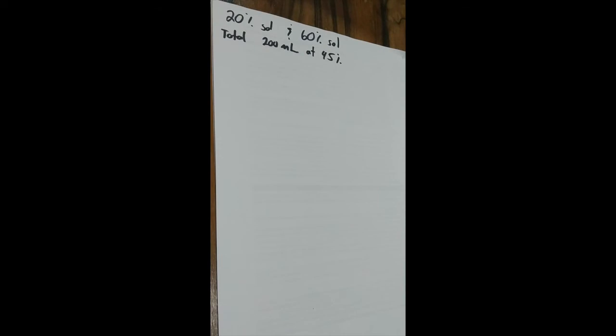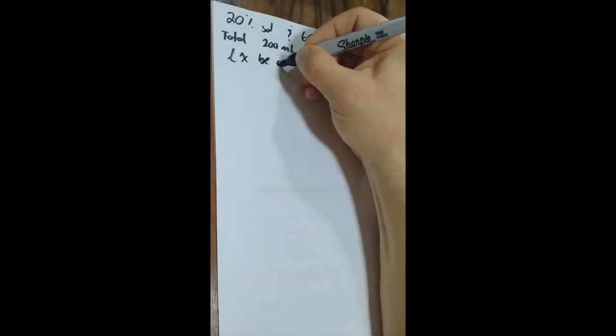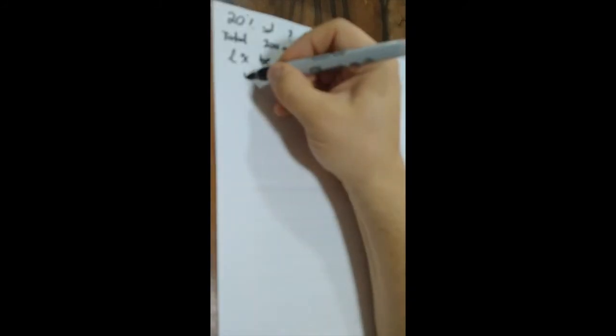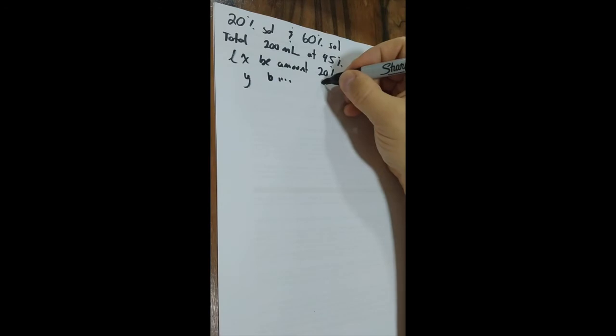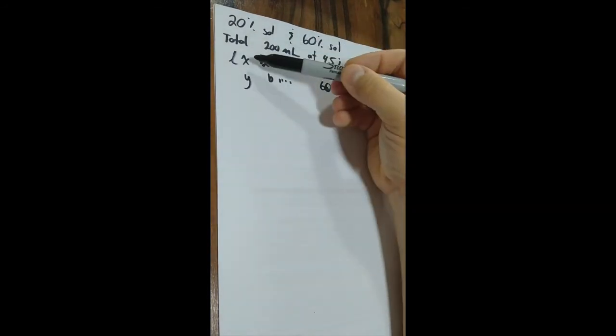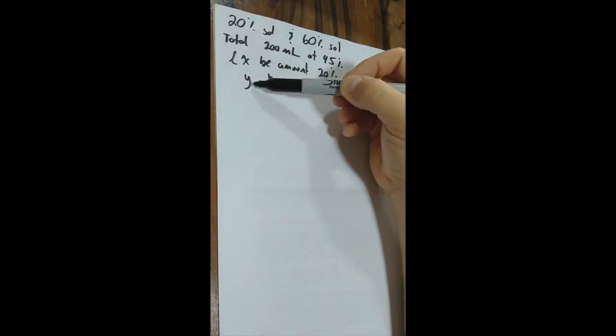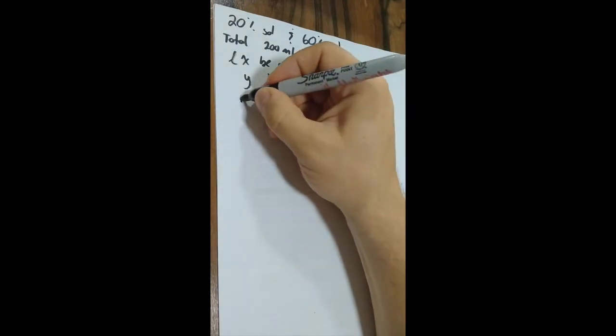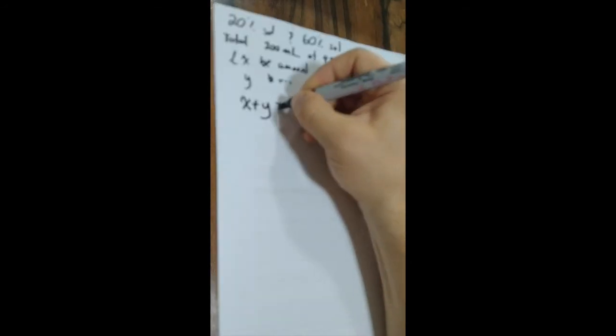Let's call the first one X, so let X be the amount of 20% solution, and let Y be the amount at 60%. We know that the total amount we need to add together is 200 mL. So the amount of X and the amount of Y is a total of 200. X plus Y equals 200.